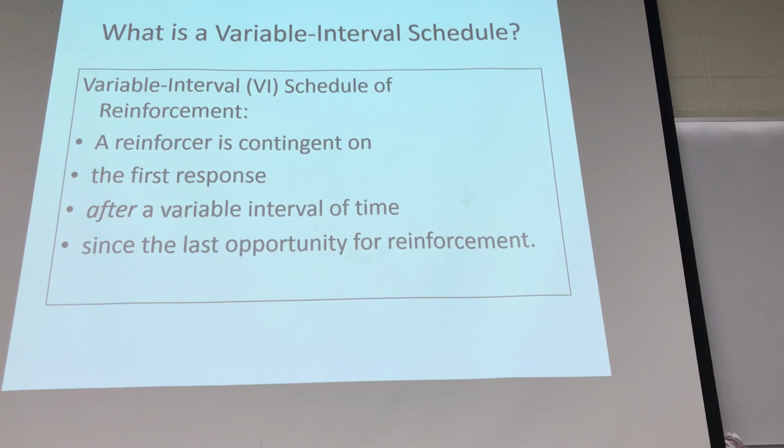The next interval may be, let's pick 17 seconds. Now it's the first response after 17 seconds that's reinforced. So we've got a varying duration of the interval. And the first response that occurs after that interval will be reinforced. A VI schedule.